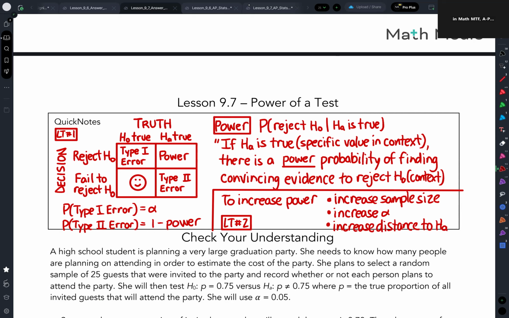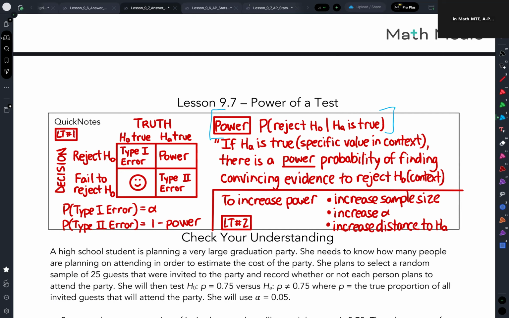The focus right now is, what if we reject the null hypothesis and the alternative is true? Well, that's where the power lies, right? The power is, again, that idea of, and I kind of like what they show over here on the right hand side in the notes, the probability of rejecting the null hypothesis given the alternative is true.